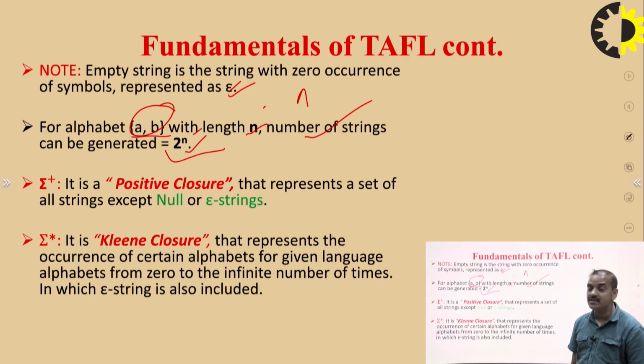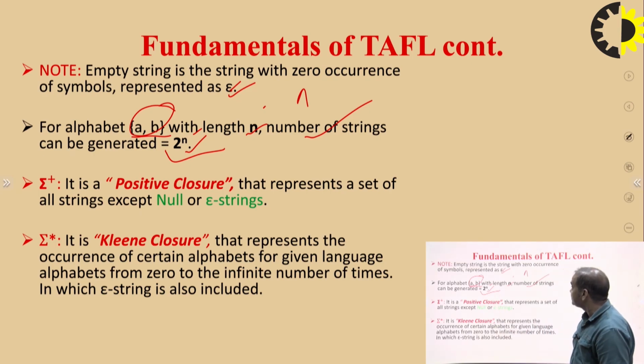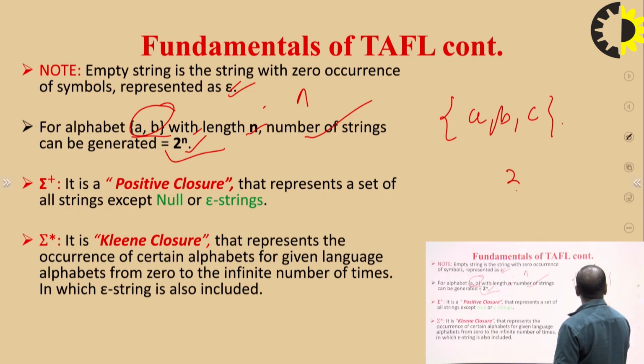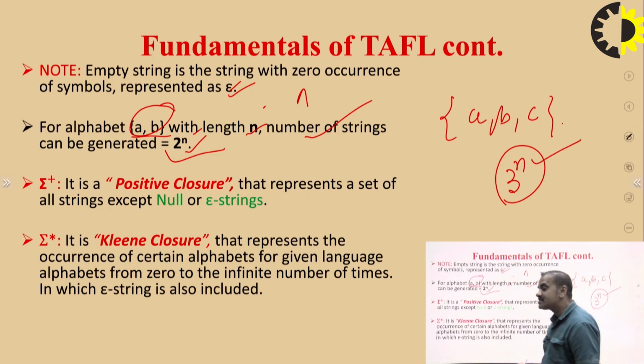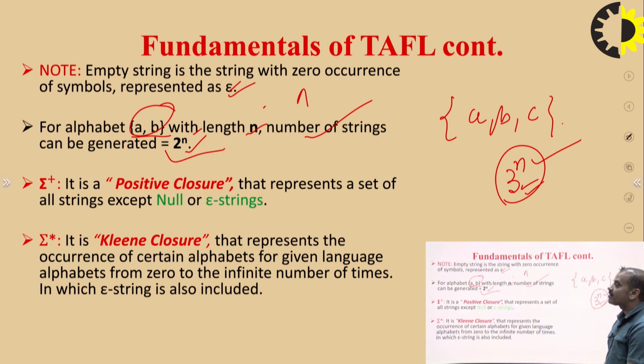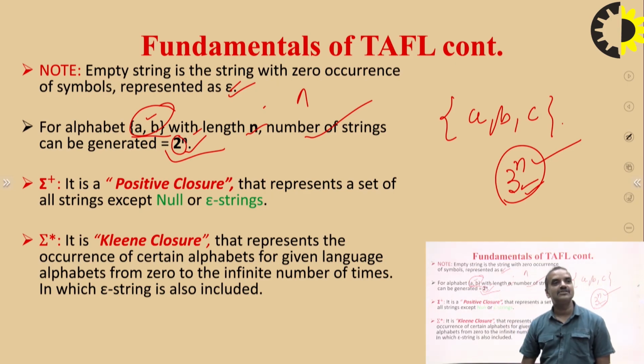This is the number of strings that can be generated from A and B, where n is the length. If we have three symbols A, B, C, then we can generate 3 power n strings of length n. N decides the length of the string, and the base decides the number of symbols. Here it is 2 because there are two symbols, and n is the size of the string.